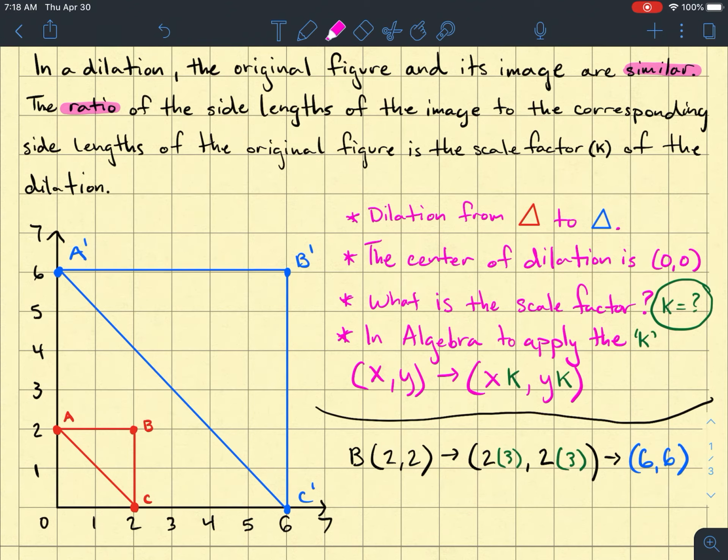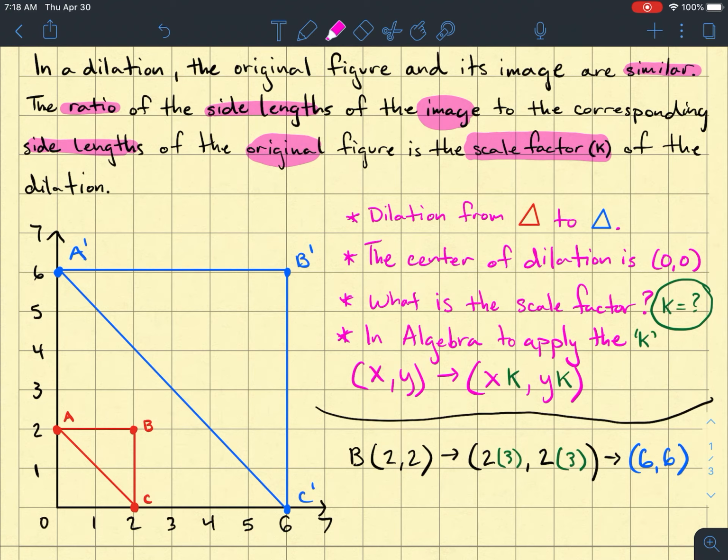The ratio of the side lengths of the image to the corresponding side lengths of the original figure. So the side lengths of the second shape and the side lengths of the first shape, you get a ratio if you put those numbers together. And that ratio is the scale factor. Maybe you remember this word from 6th grade, maybe you don't.